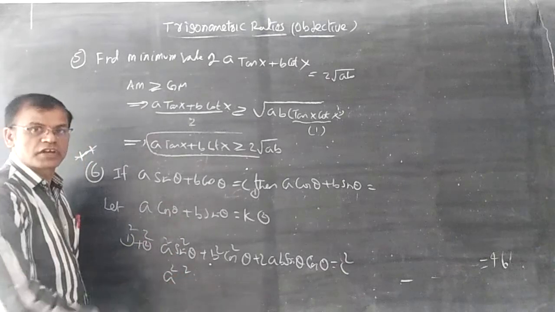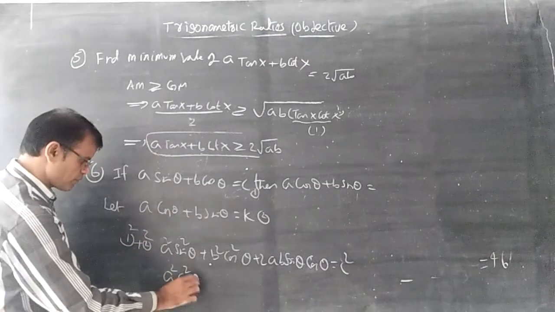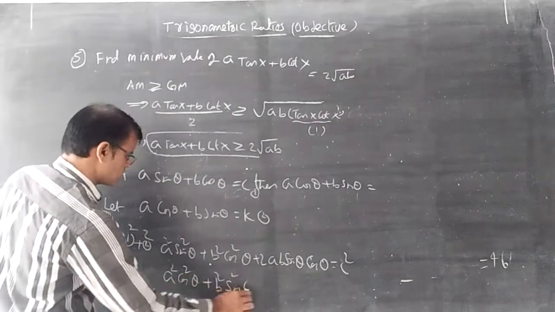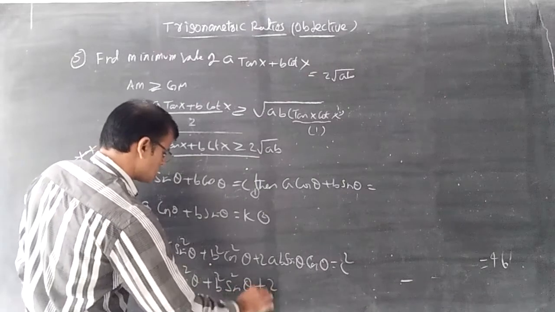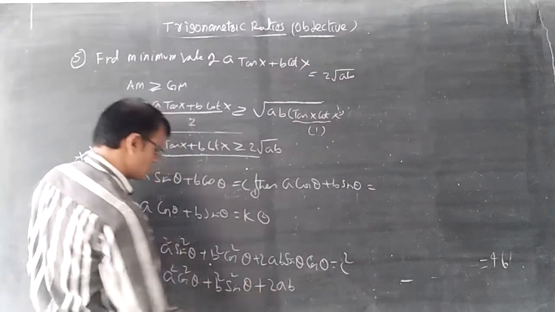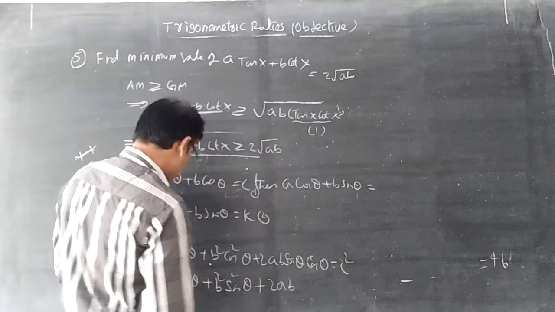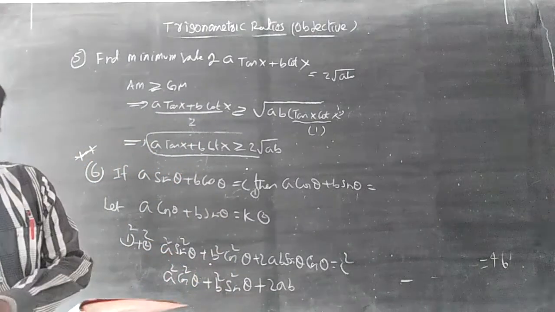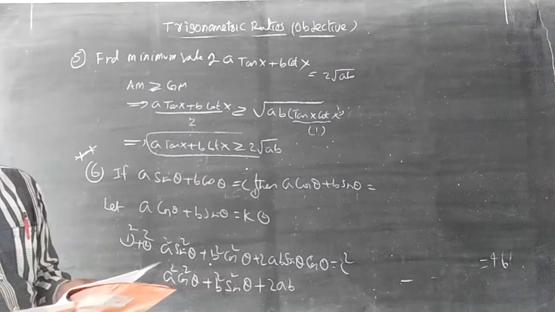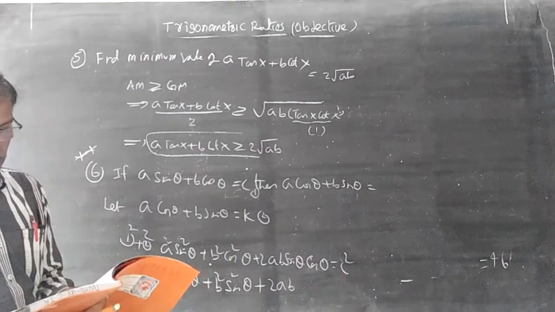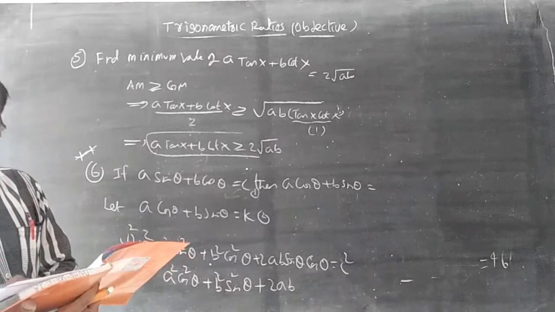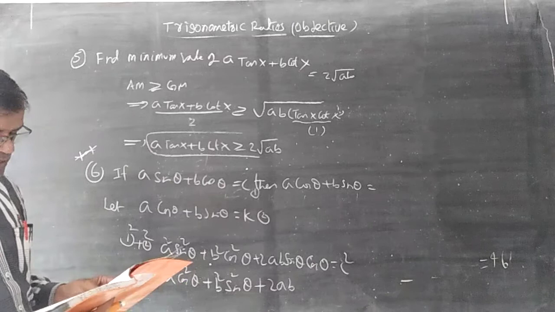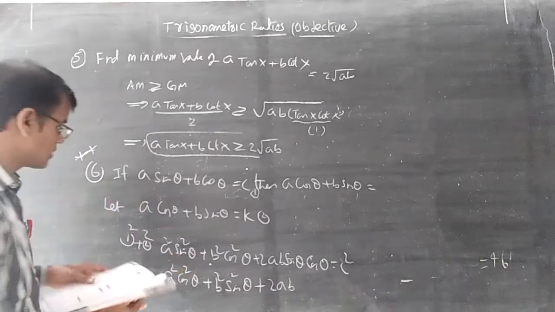So next you should write a square cos square theta plus b square sin square theta minus 2ab sin theta cos theta equal to k square. We have this in the textbook: if a sin theta plus b cos theta is equal to c, then find the value of a cos theta minus b sin theta, equal to k.